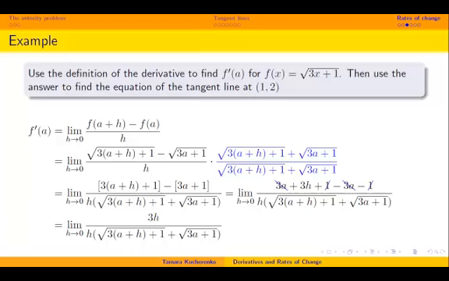Now we can cancel the common factor h on top and bottom of the fraction.